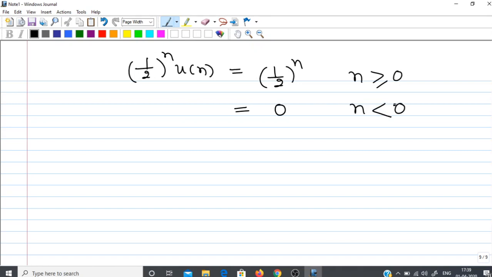This kind of representation of a sequence or signal is called piecewise representation. Why piecewise? Because this closed expression half to the power n has been split into two pieces. The first piece is half to the power n for n greater than or equal to 0, and the other piece is 0 for n less than 0. This we call piecewise representation.